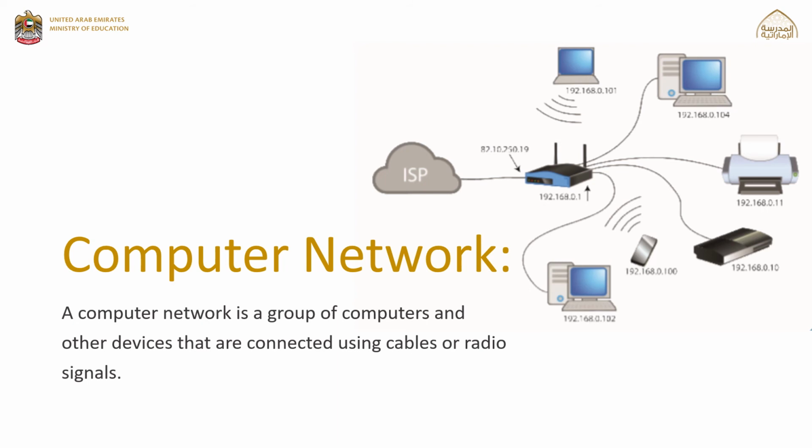A computer network is a group of computers and the other devices that are connected using the cables or radio signals. Other devices can be a mobile phone, a printer, a scanner, a computer system, a laptop. So when these devices are connected to each other using the cables, the wires, or the radio signals, means wirelessly, we call it computer network.